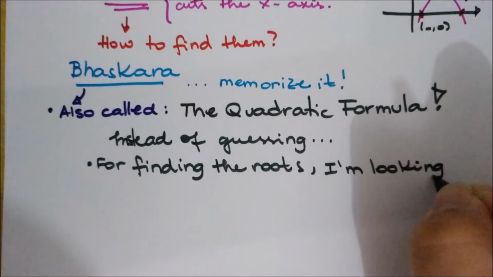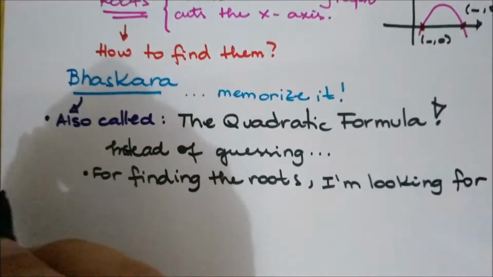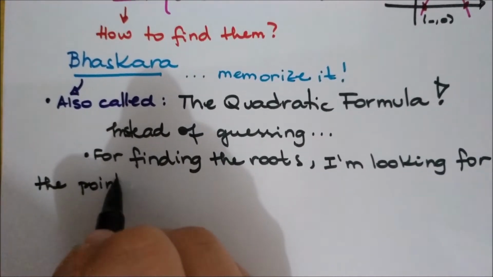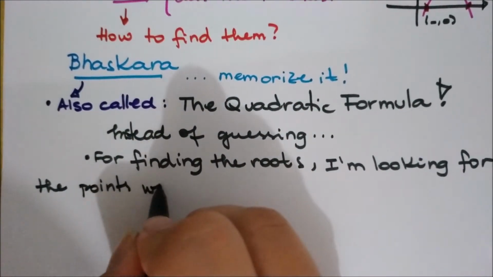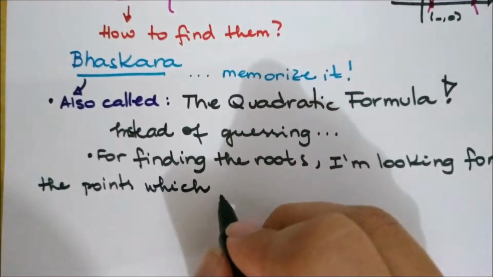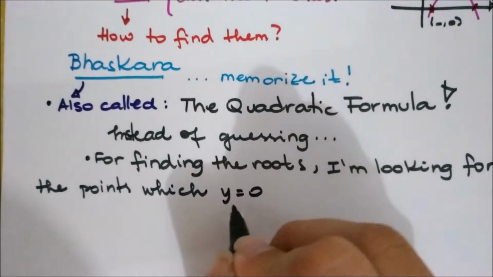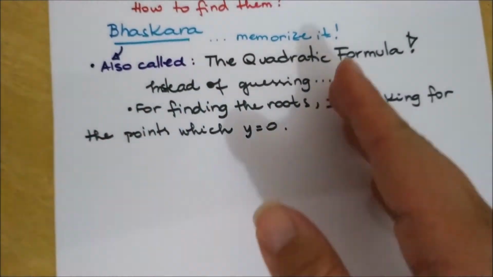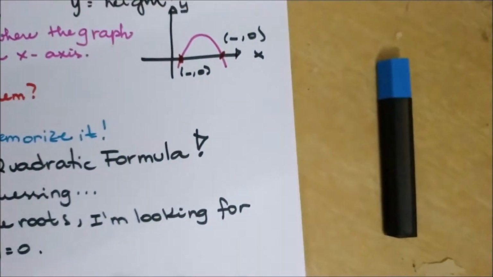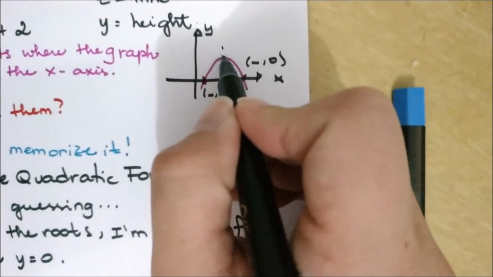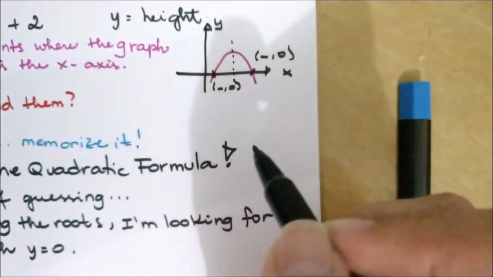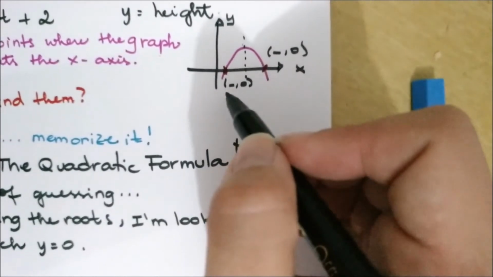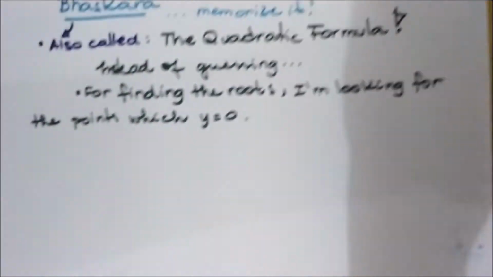I'm looking for the points which y is gonna be 0. And again, because we have an axis of symmetry that cuts our parabola into similar parts, we're gonna have 2 points where my y is 0.